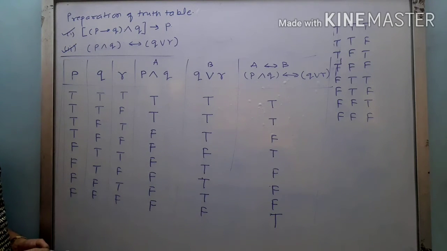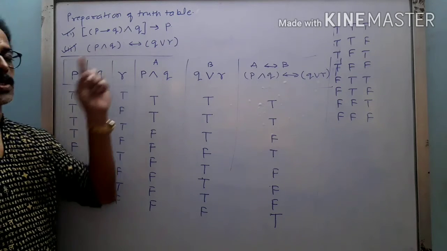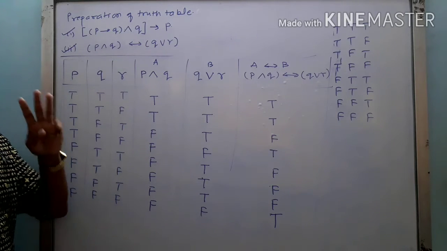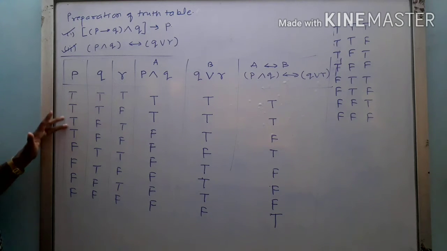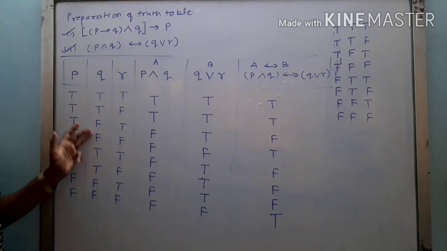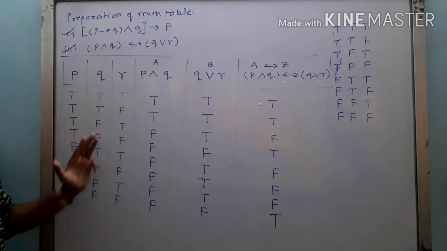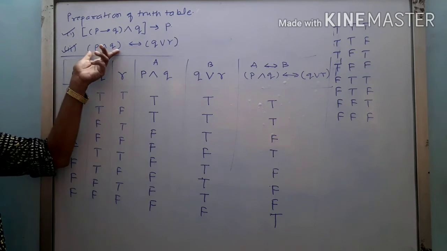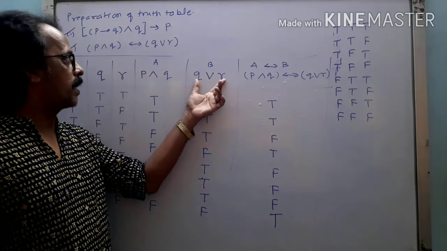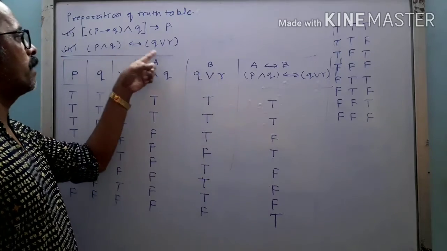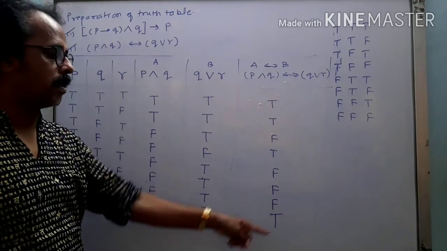Again, how we started: since there are three logical statements, or three letters, we need to write down P, Q, R. Now how to write down true and false for P, Q, R? That is 4T, 4F, 2T, 2F, 1T, 1F. Then we start with our first bracket, P and Q, then the second bracket, Q or R, and then the complete truth table.